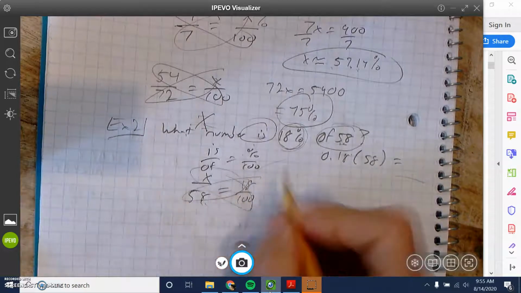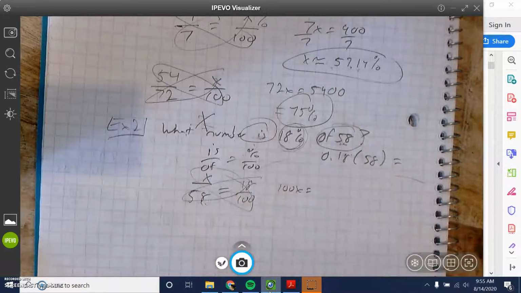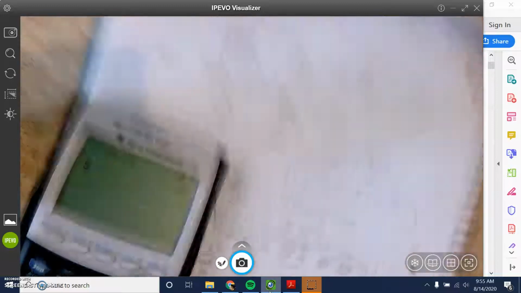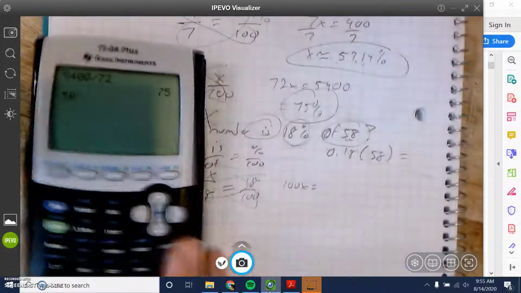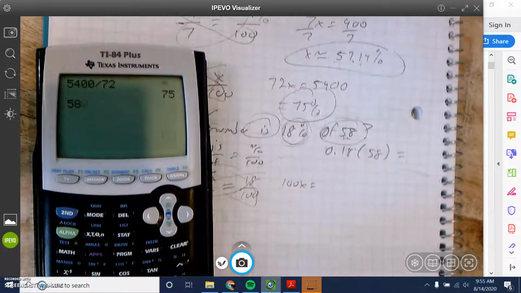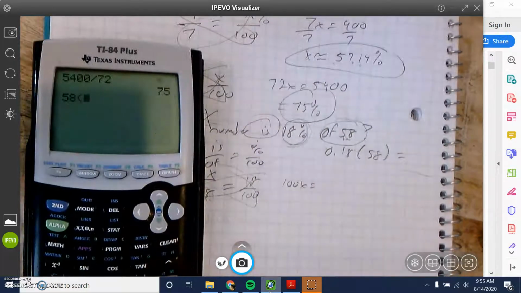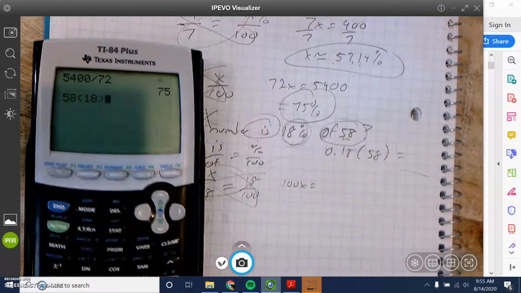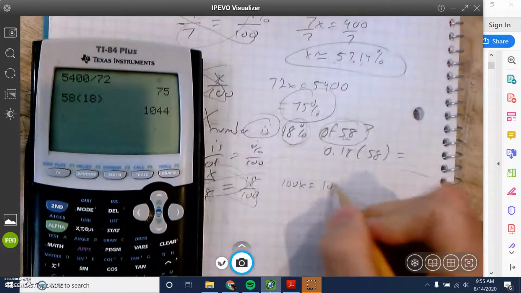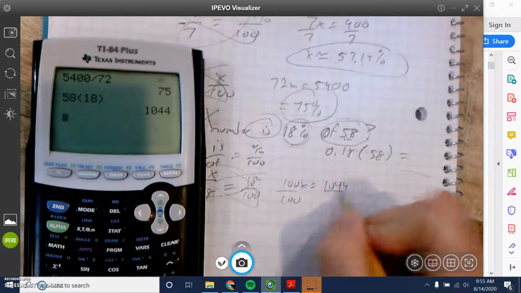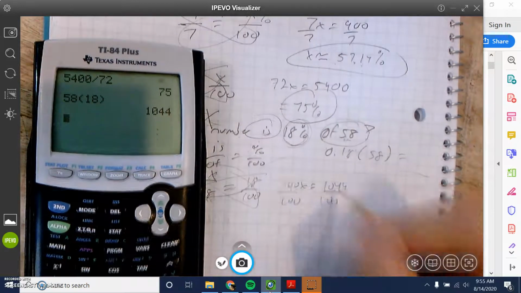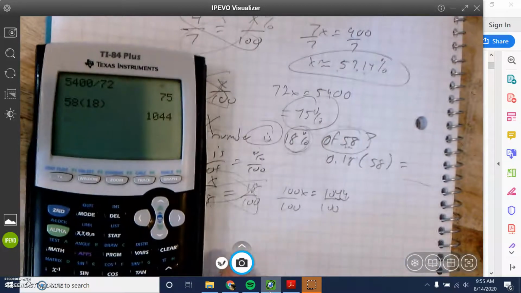So 100x equals 58 times 18. And you get 1044 divided by 100, which is moving the decimal to the left, and you get 10.44.